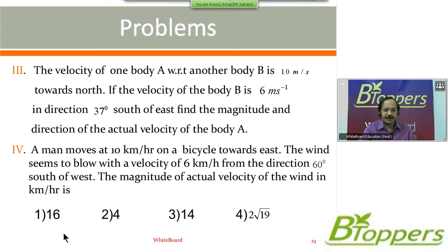Look at the options, multiple choice options. I am giving multiple choice options for this question. First one 16, second one 4, third one 14, fourth one 2 root 19. You can take a pause and try this problem yourself first.